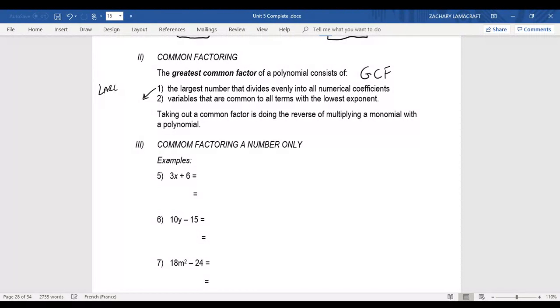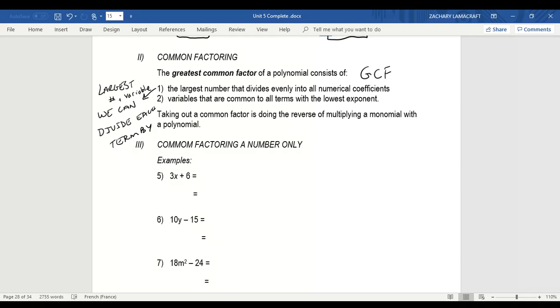Largest number we can divide each term by, and its largest number and variable, okay? And you'll see that happen very often, okay?